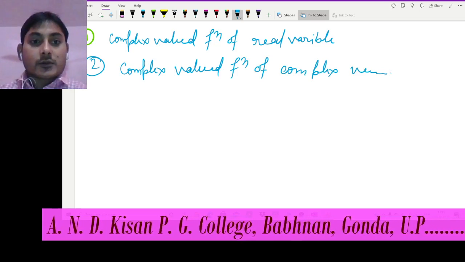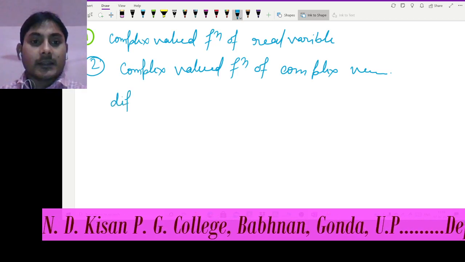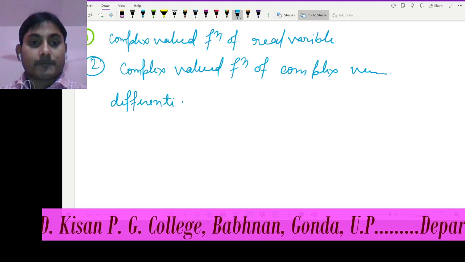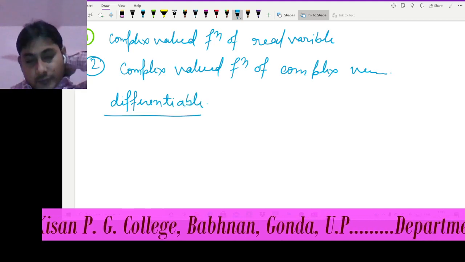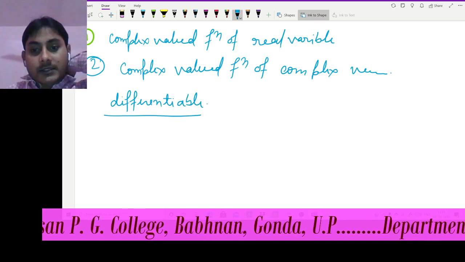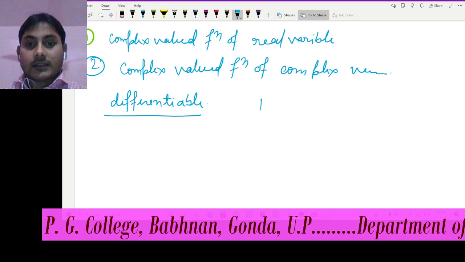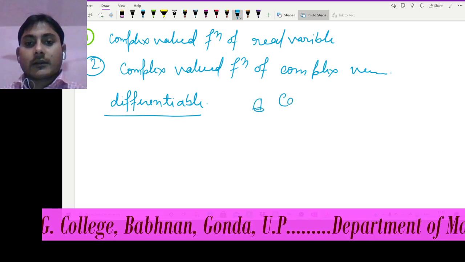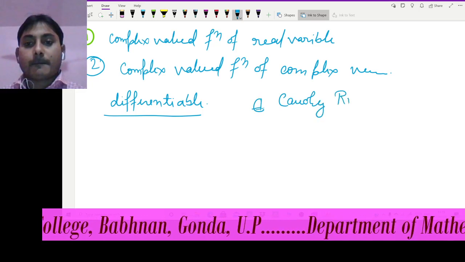So we have earlier defined differentiability. There is an important equation which is related with differentiability. That one is known as the Cauchy-Riemann equation. The name I'm writing again: Cauchy-Riemann equation.